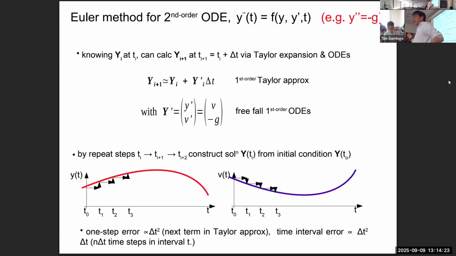Second order means it can depend on the first order differential and the second order differential of y. And the general form is that the second order differential can equal some function of time, the independent variable, y, the dependent variable, and the rate of change, y prime. So that's a general expression.